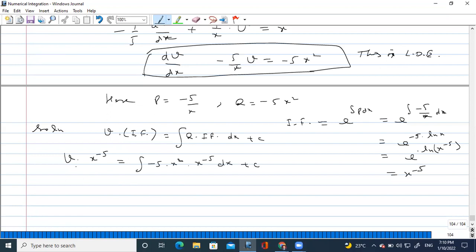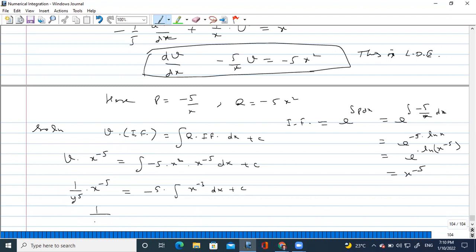So you can put the value of v, that is 1 upon y to the power 5, into x to the power minus 5 is equal to minus 5 will come out. Inside it will be x to the power minus 3 dx plus c.